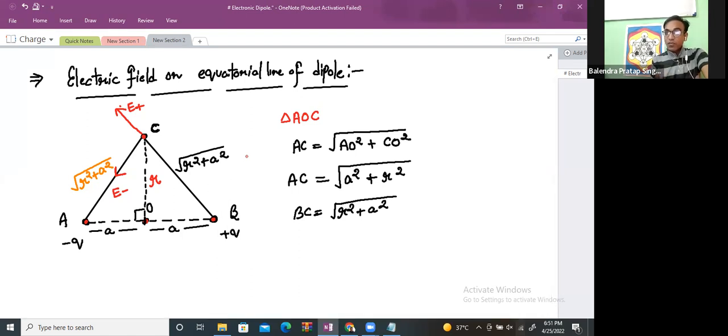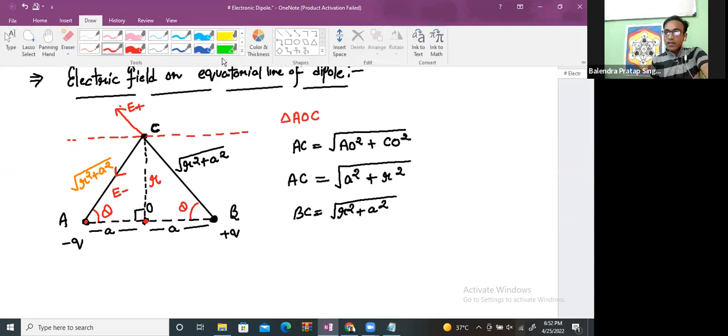For that, we have to resolve these electric field vectors. So this is 90. We can consider this angle theta, and if two sides are equal, this angle is also theta. Now if I draw a line parallel to AB, in this case this angle is also theta.